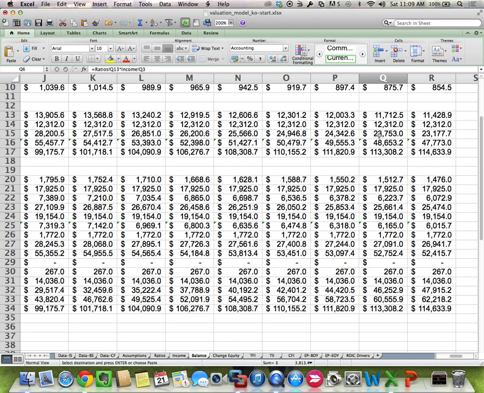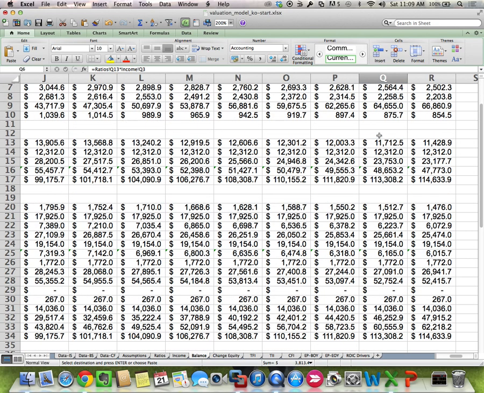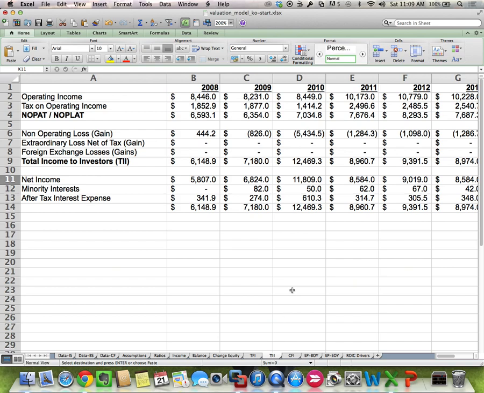What tab are you on, the income tab? I'm in the balance sheet tab now. And you should get 114,633.9 if you're following along. Right? So, beauty of relative references. I go to my economic statement of TII. This is the forecasted income statement.